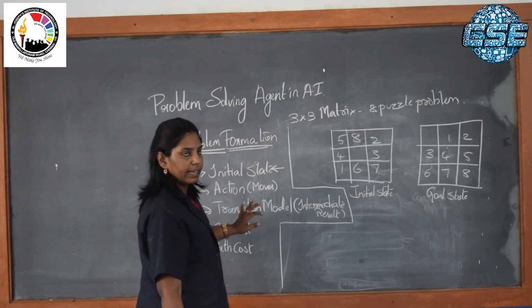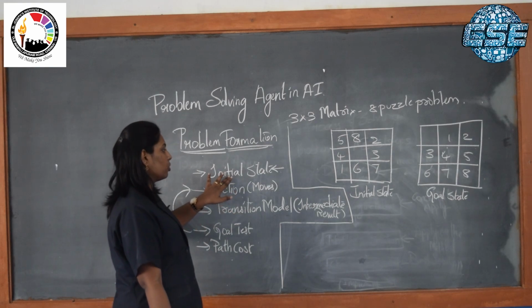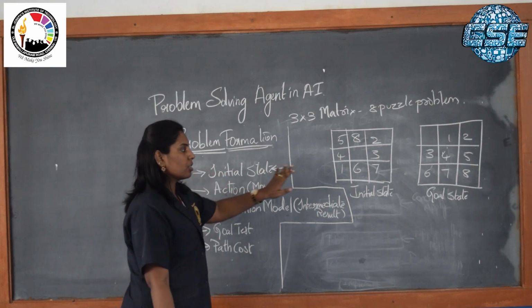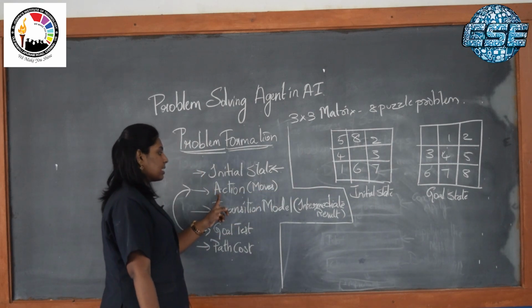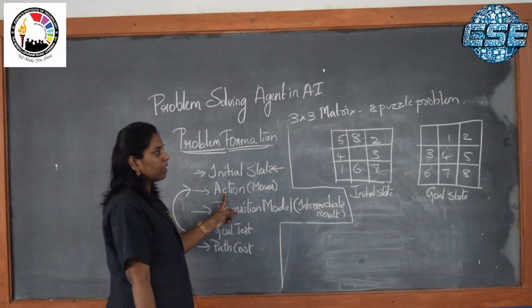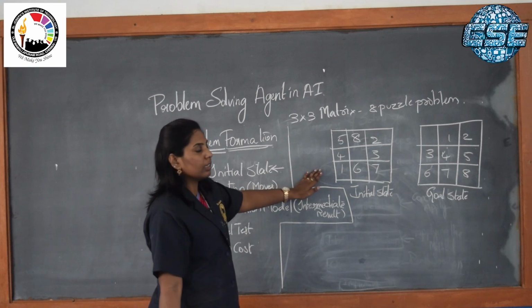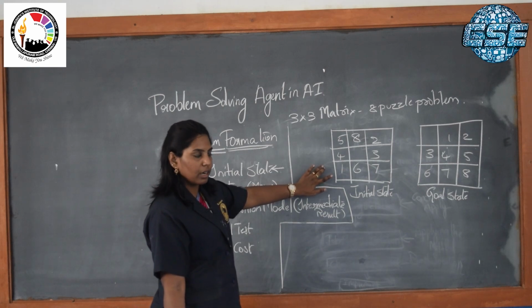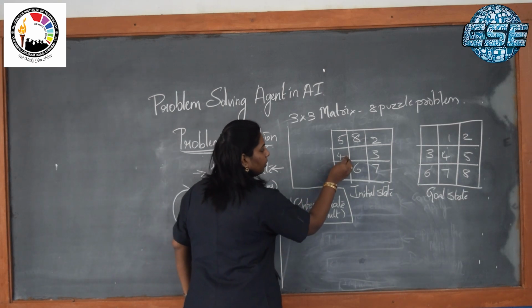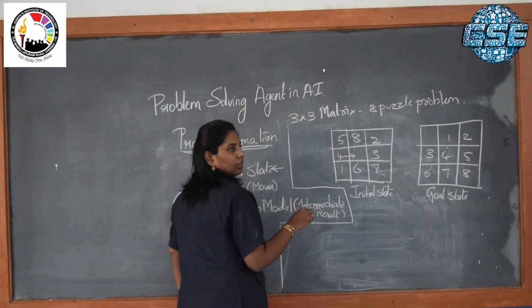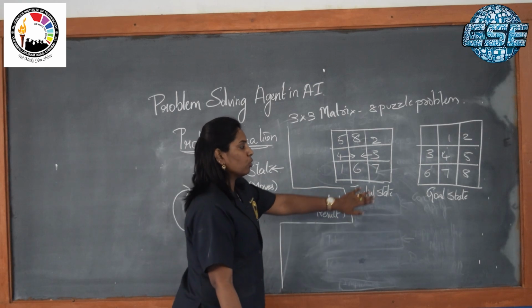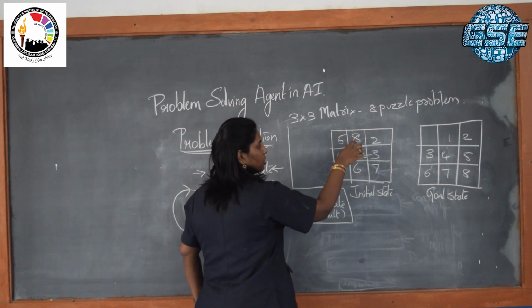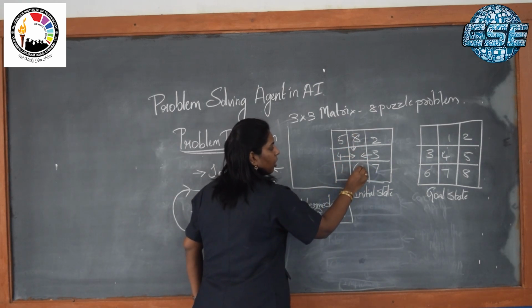So how we formulate a problem is, first we have to check what the initial state is. In this example, this will be my initial state, and what is the next step? Action. In this question, the actions we can do are to move a number to the right, move left, or push the number from up or from down.